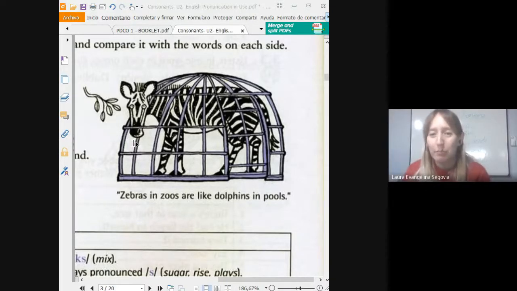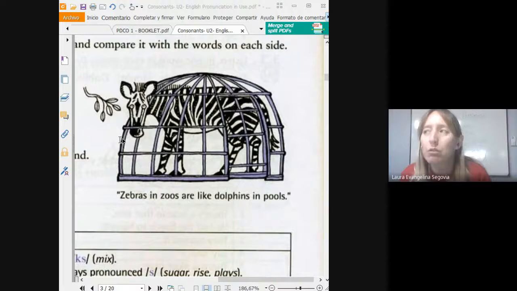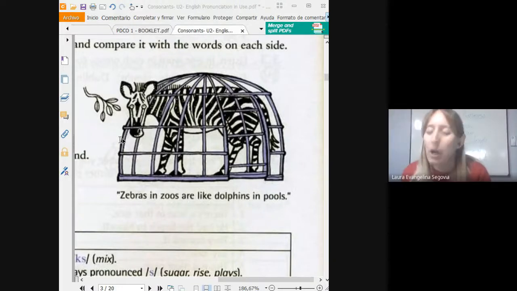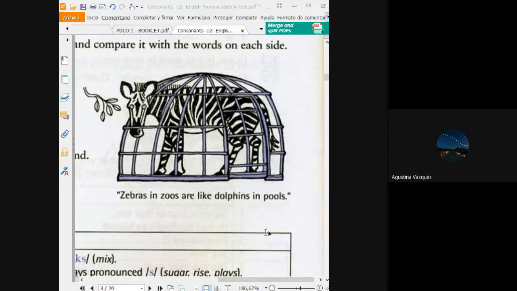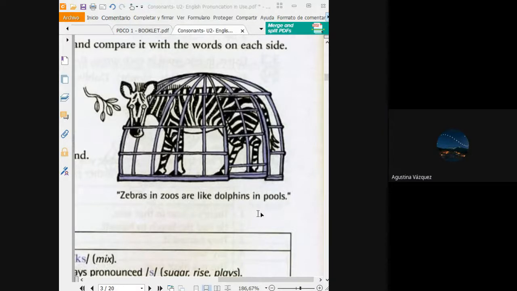Come on, baby. One more time. Zebras in zoos are like dolphins in pools. Dolphins in pools. That's it. Now all together. Come on. Zebras in zoos are like dolphins in pools. Dolphins in pools.